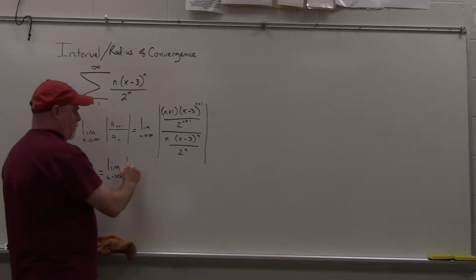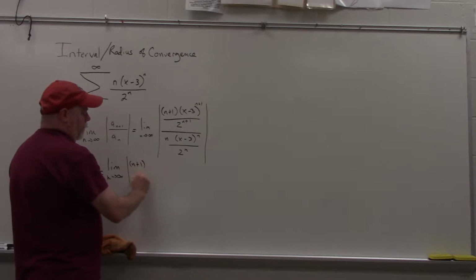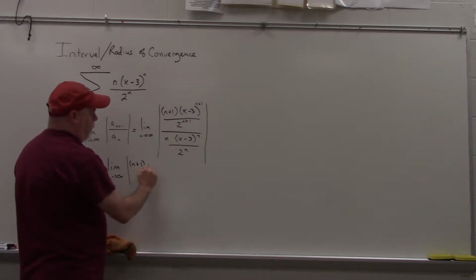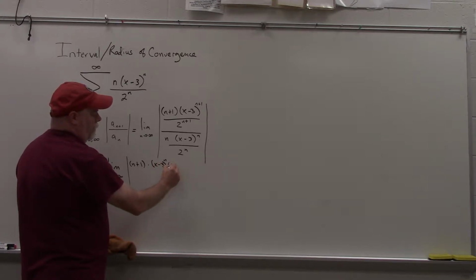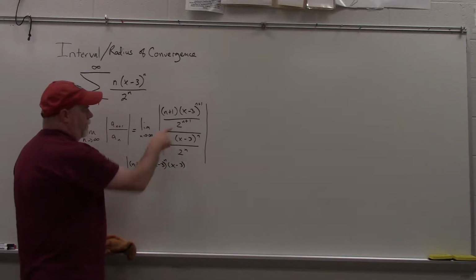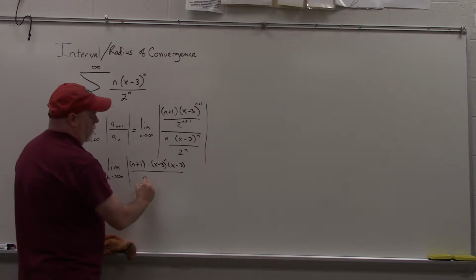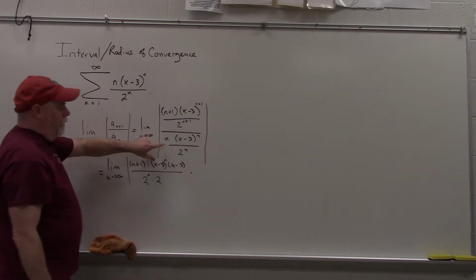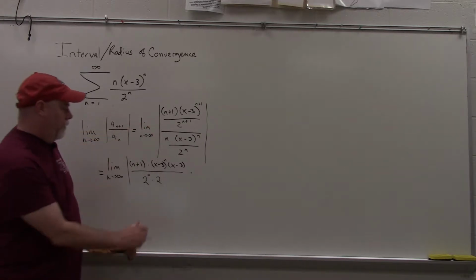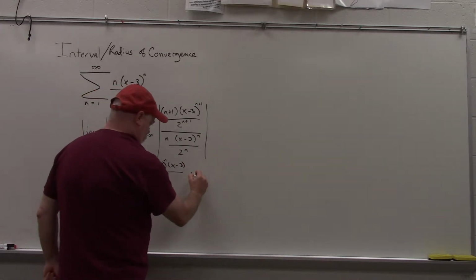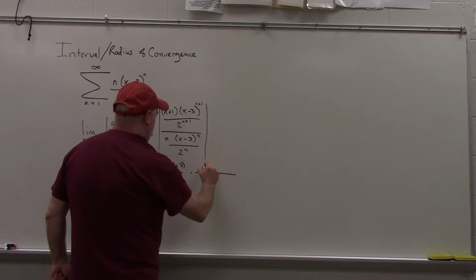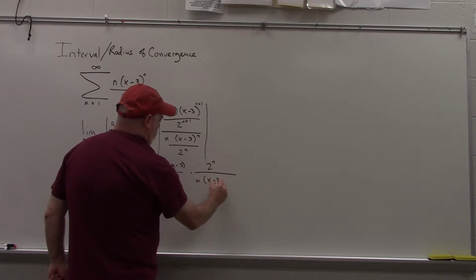So this is going to be n plus 1, and that's x minus 3 to the n times x minus 3, over 2 to the n times 2. Okay, we're going to take this one and flip it, and we don't need to change any of it. So this is going to be 2 to the n and n x minus 3 to the n.